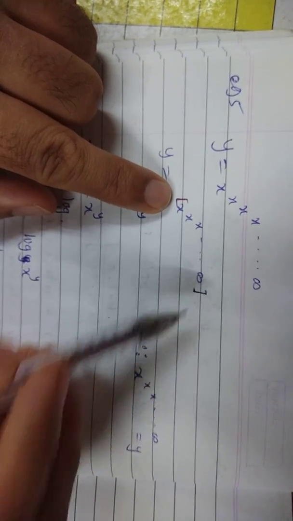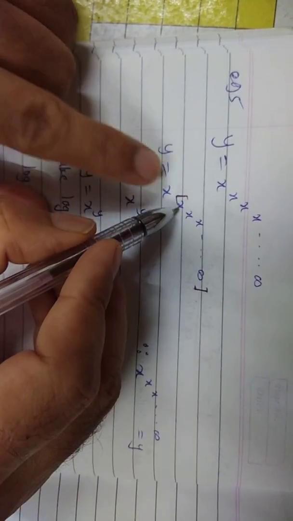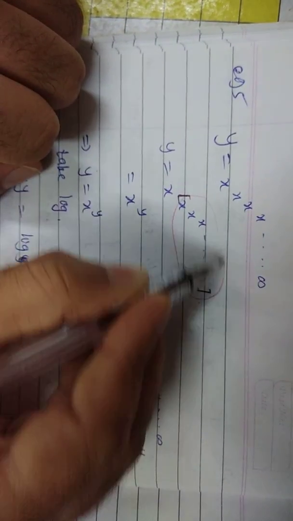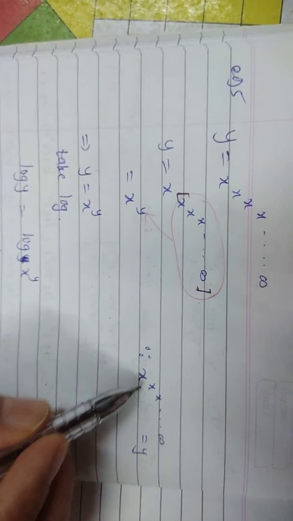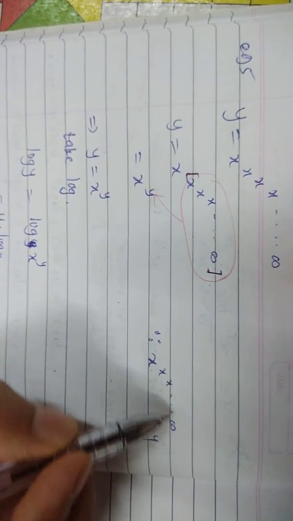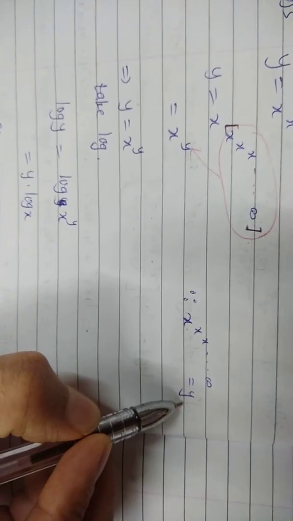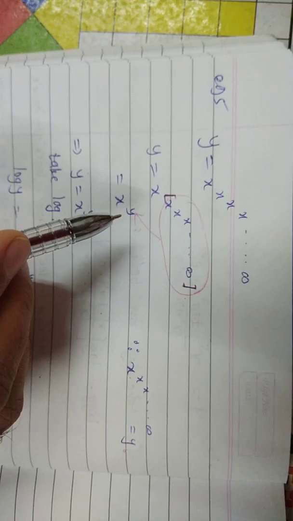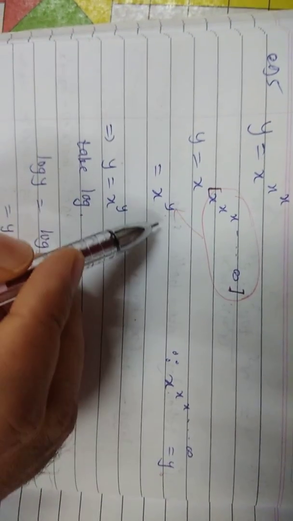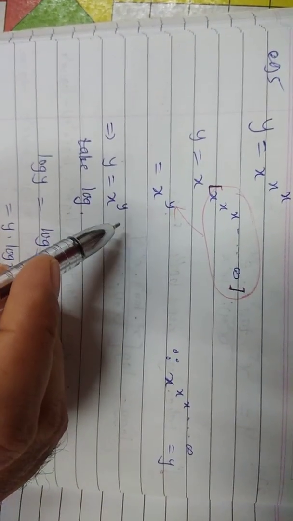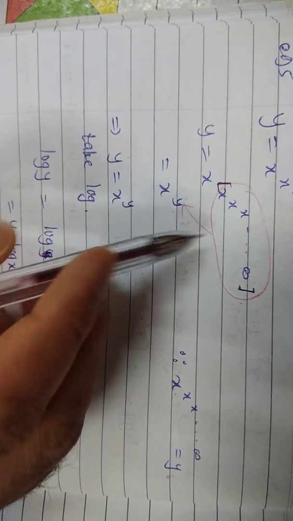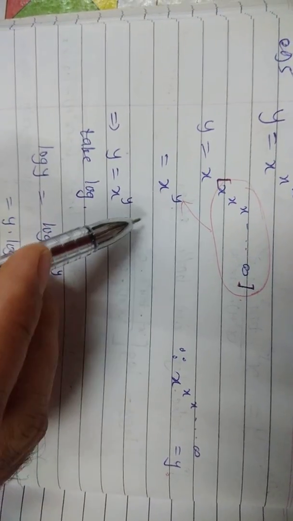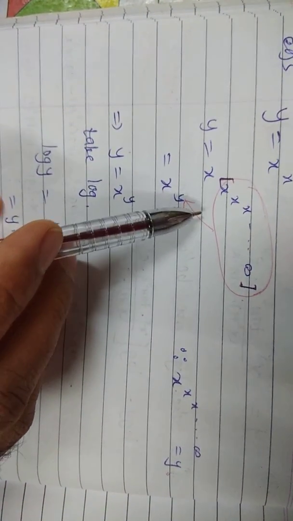So I have written that all these x are also infinite times x. So you can replace this with y only, because x raised to x raised to x raised to x for infinite times is equal to y, that is given in our question. This is very important. If you understand this, only then you can understand the problem which is solved further. Please try to understand this part, because the solution is not difficult, only this part is a bit complex.